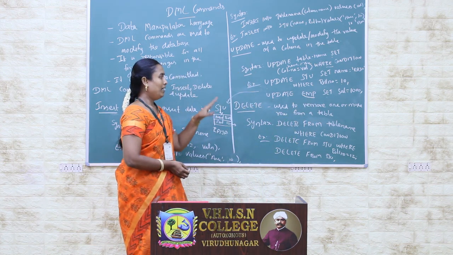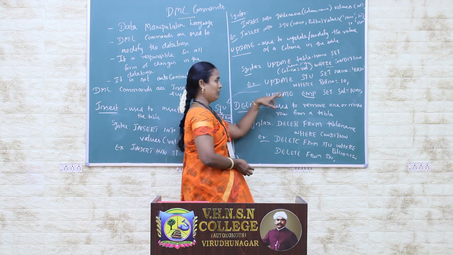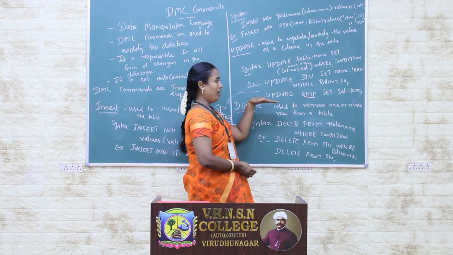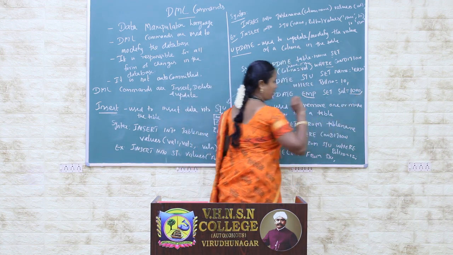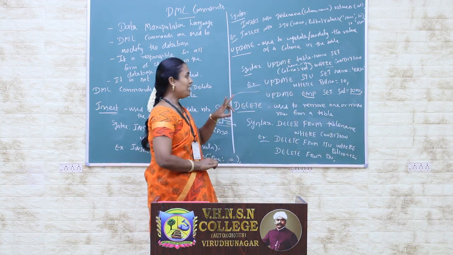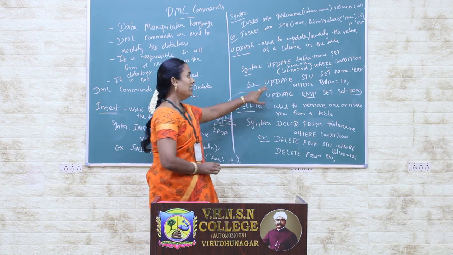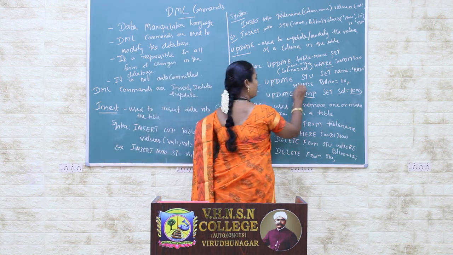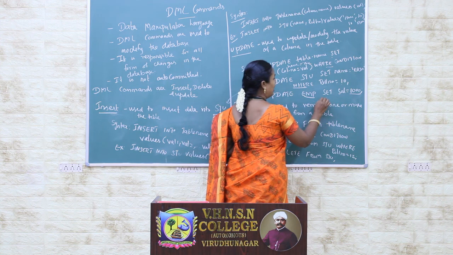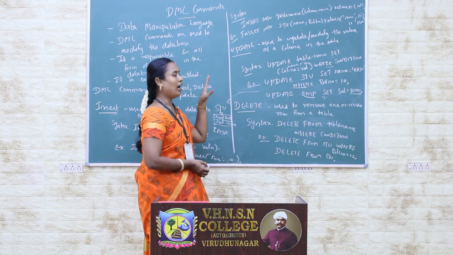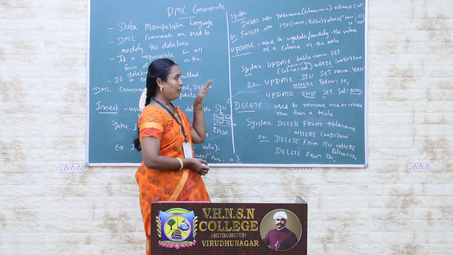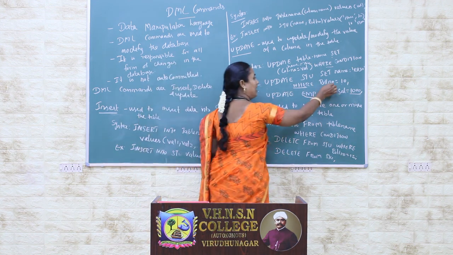In this update query, in the employee table, the salary field will contain the value 1000. Can you see the difference between these two update queries? In the first update query I mentioned the where condition, but here there is no where condition. The where condition means the update applies only to rows satisfying the particular condition.